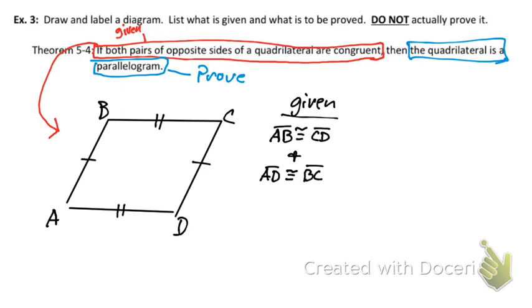Our prove is just the then statement. So we're going to write prove, and it says the quadrilateral is a parallelogram. So we just have to say ABCD is a parallelogram. They're not hard problems, but you have to know what I'm asking for. I'm asking you to turn that if statement into a given, draw it, explain what's given, and your prove is the then.